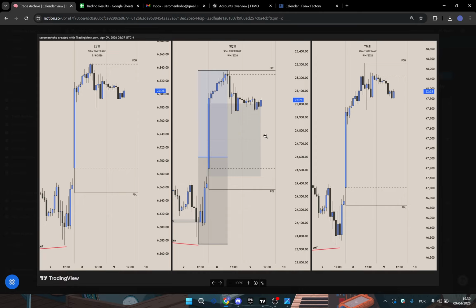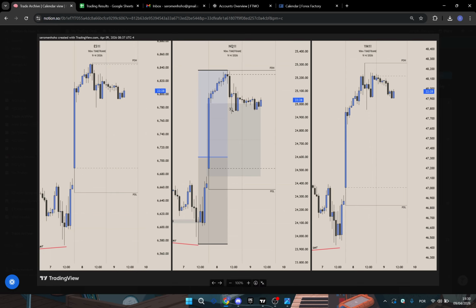So from this inefficiency, we can also see price deliver higher towards previous day high. And because I have a bullish view on the market, I was expecting price to go higher towards that previous day high SMT, towards that previous day high target. My bad.